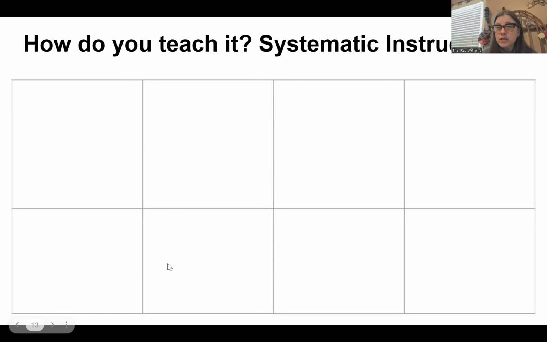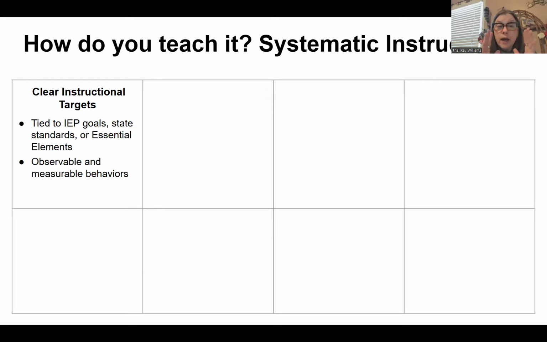So how do you teach? How do you teach early numeracy? Well, duh, you teach it using systematic instruction. We talked about systematic instruction earlier, and now I want to go into it more deeply. When we're using systematic instruction, and right now we're speaking specifically to math, but this is related to any skill that you're teaching, you first are going to have a clear instructional target, and that target, as you know, needs to be tied to your IEP goal, to a state standard, or to an essential element.